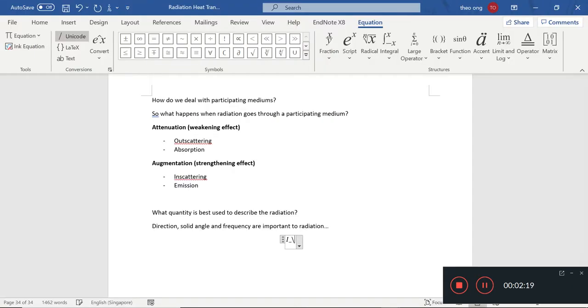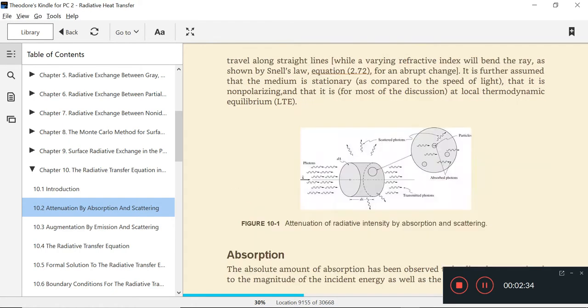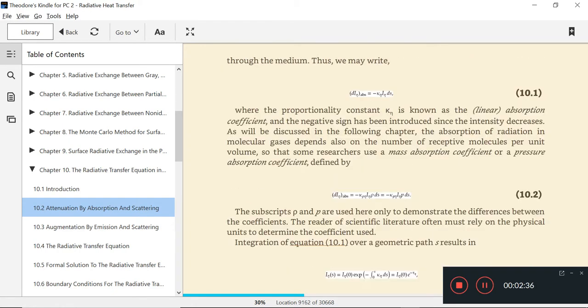So we write I lambda, the intensity according to the wavelength, or sometimes in this textbook they use I eta. Can you see I eta?